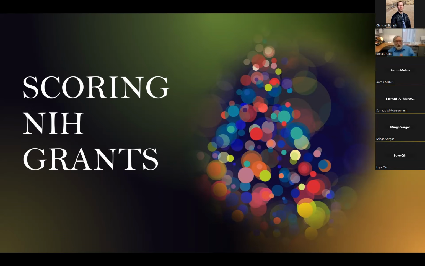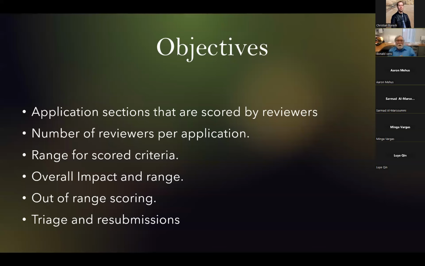So my first slide. What we'll try to do is go over the sections that are scored by reviewers when you send your grant in, the number of reviewers that you'll have per your application and how they interact with the study section.